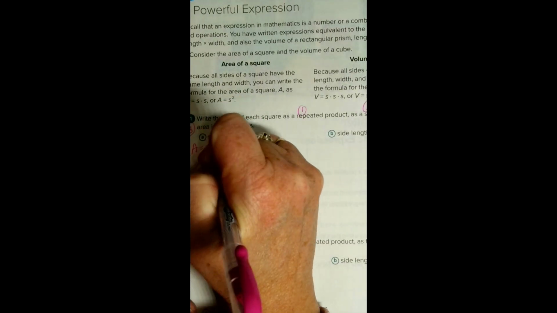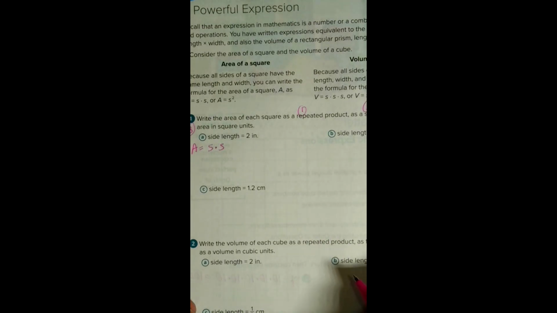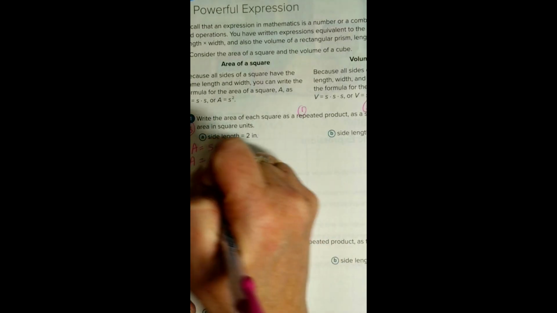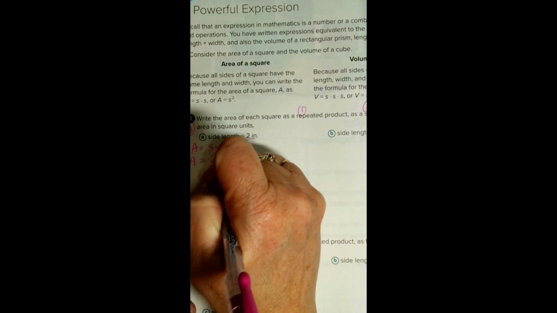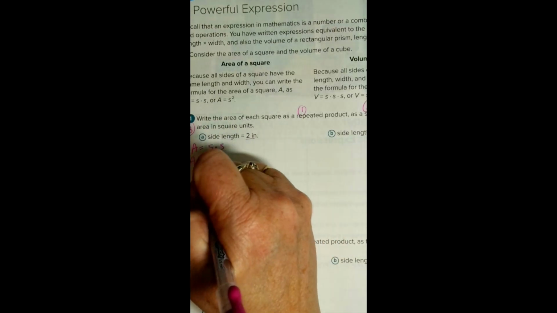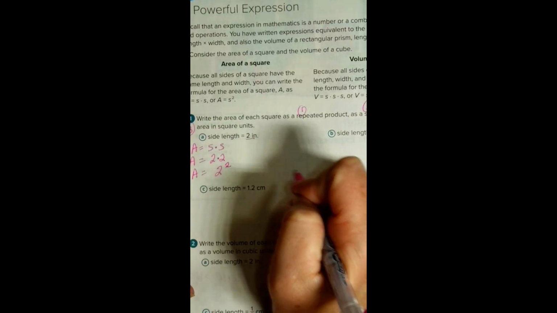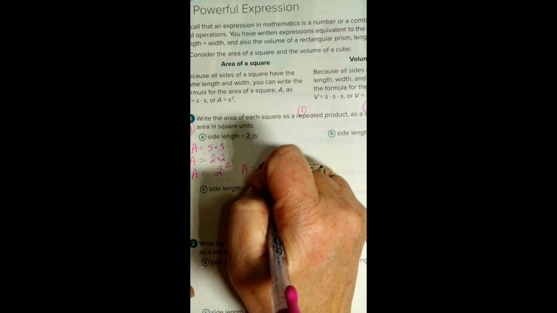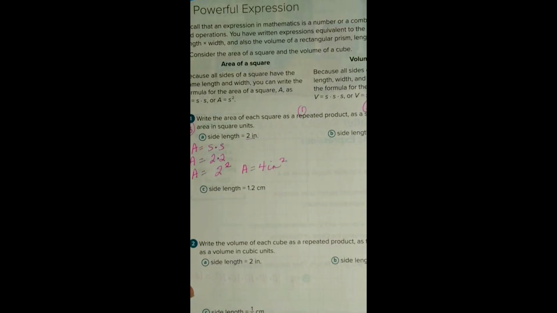Okay, so when we do that, as a repeated product, if area equals side times side, area equals 2 times 2. So area equals 2 squared, which then the area equals 4 inches squared.